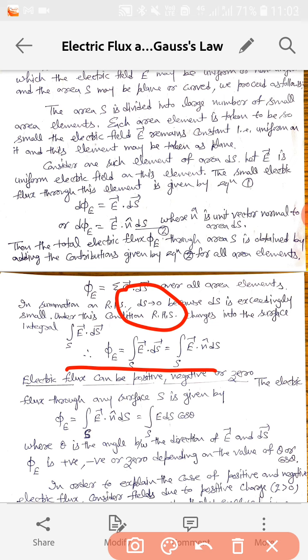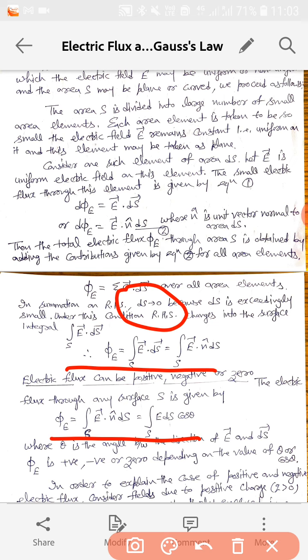Which is the surface integral of the electric field over the surface. And this electric flux can be positive, negative or 0, because phi is defined as the dot product E dot dS, which we can rewrite like this: phi E is equal to the surface integral of E dS cos theta.